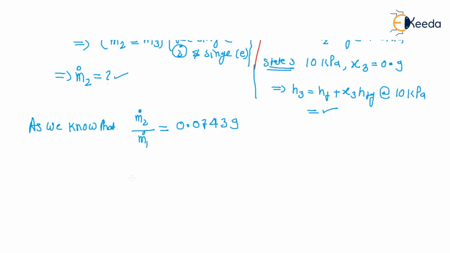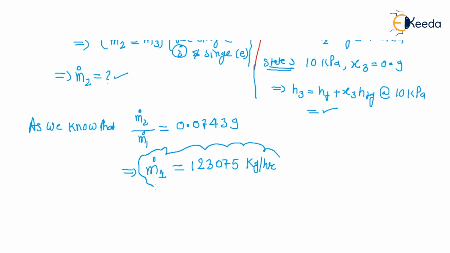Put the value of m2 and you can get the total mass supplied, which is 123,075 kg per hour. This is the total mass.